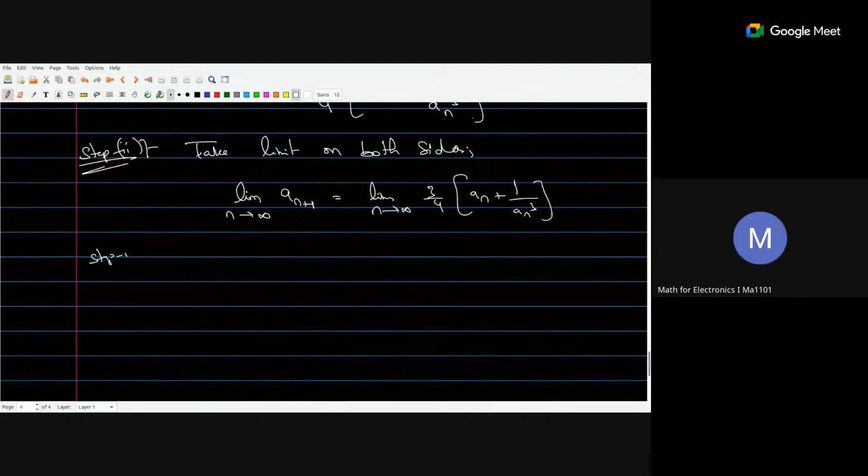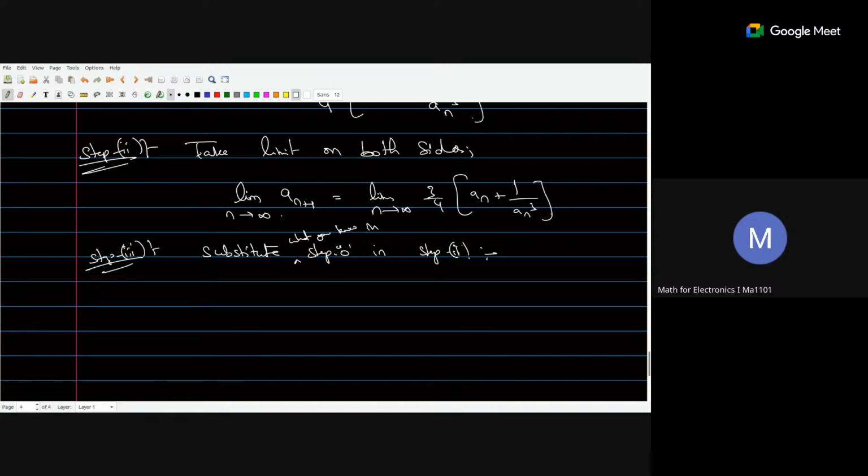So now step 3, what you do is you just substitute step 0 in step 2. Substitute what you know in step 0 into step 2.